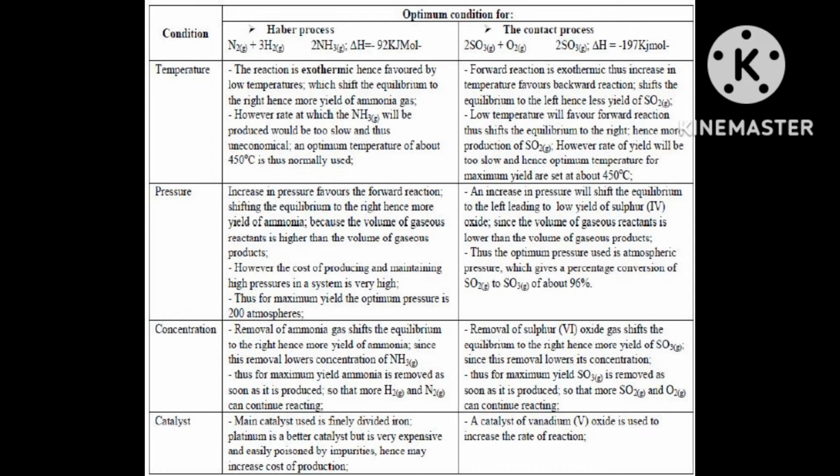The question I am reading: 13.8 gram of N2O4 was placed in a 1 liter reaction vessel at 400 Kelvin and allowed to attain equilibrium. N2O4 is in equilibrium with 2NO2, both are gases.